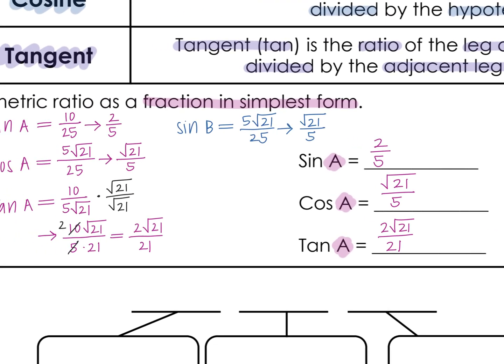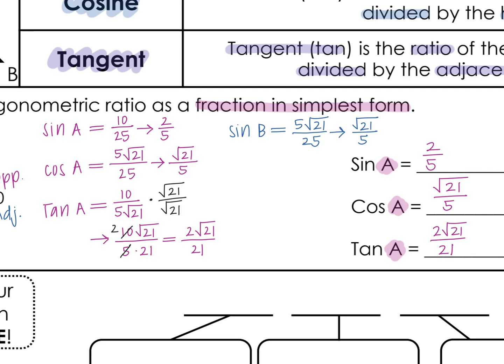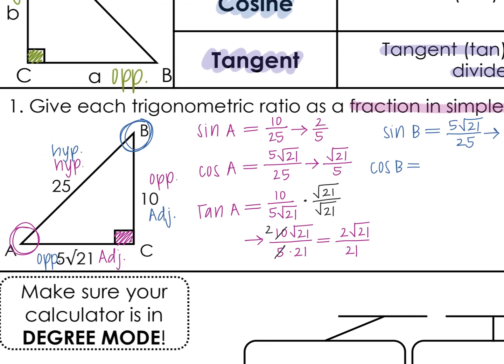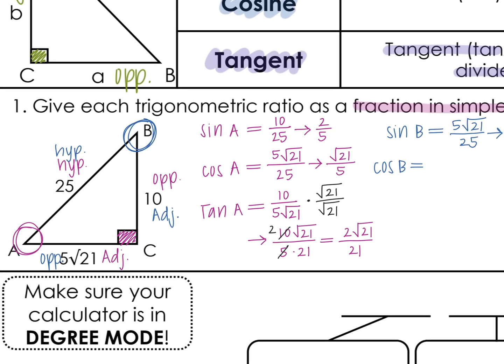Then moving on to my cosine of angle B, we will have our adjacent, which is now that 10, over my hypotenuse of 25.